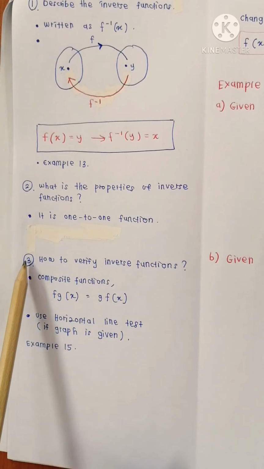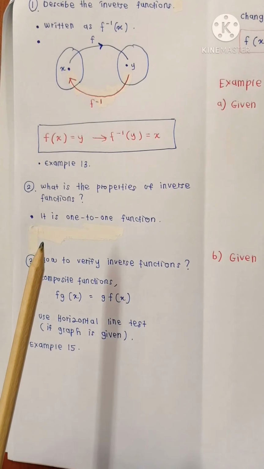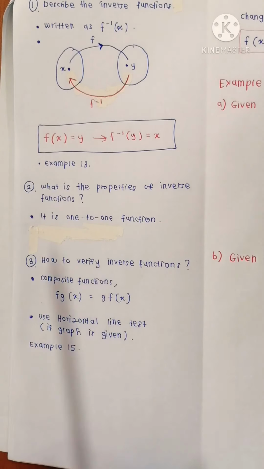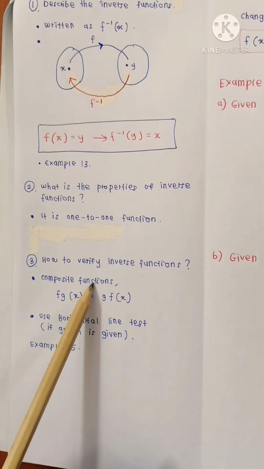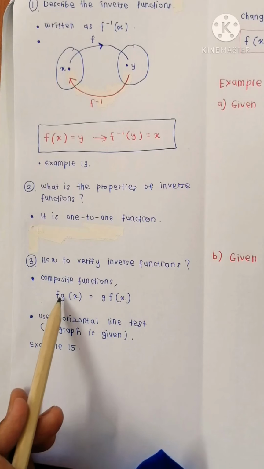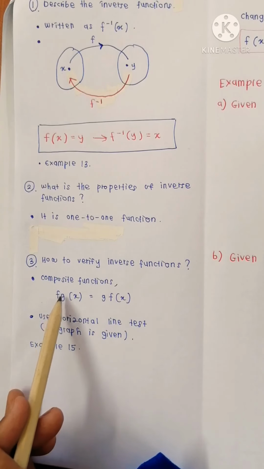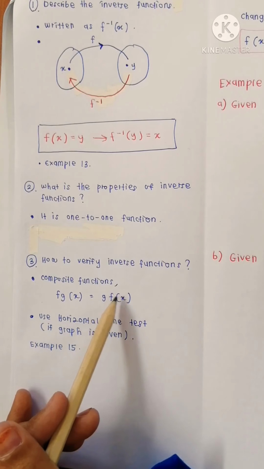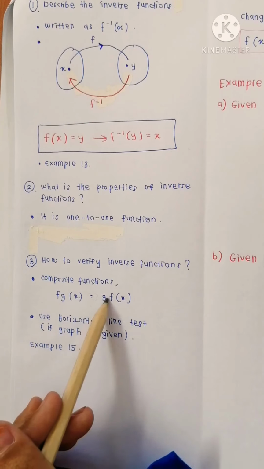Now look at lesson number 3, how to verify the inverse function. Verify means you need to prove whether the given function is an inverse or not. The first one: if the composite function fg of x equals gf of x, we can consider this as an inverse.